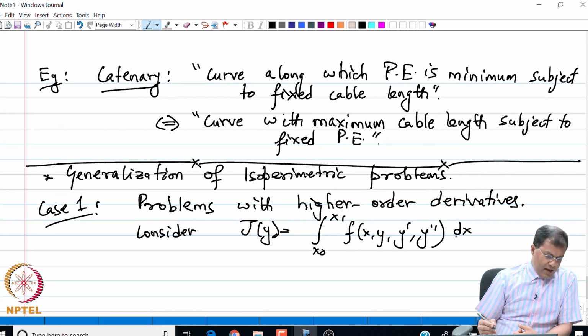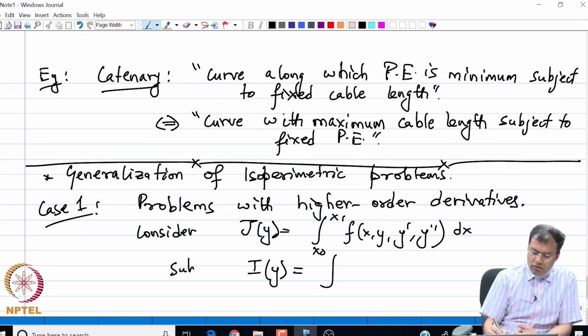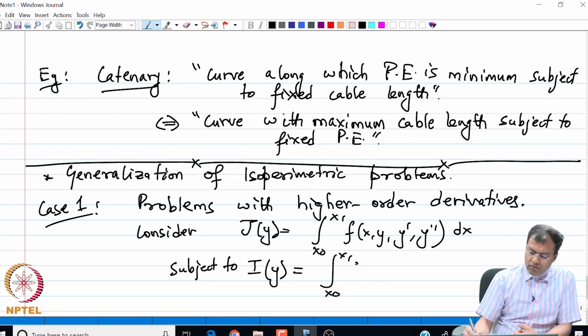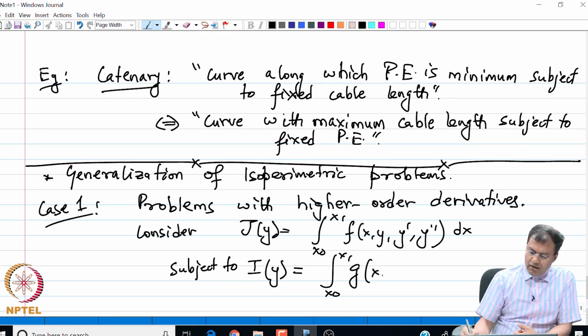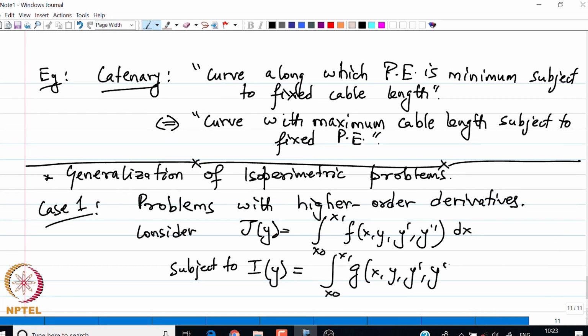And we have the isoperimetric constraint, so subject to the constraint that the integral from x0 to x1 of g of x, y, y prime, y double prime dx is fixed. Here we assume that f and g are smooth, having all the necessary derivatives required for the necessary condition, the Euler-Poisson equation.